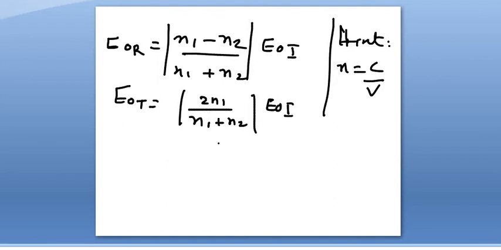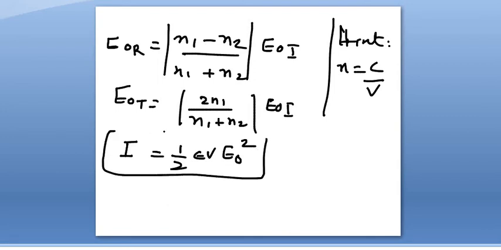Now, with this data, let me remind you that the average intensity, which is the average power per unit area, was given by half epsilon v E0 square in our previous classes. Now, let us make some manipulations.